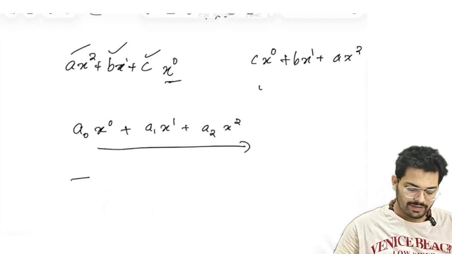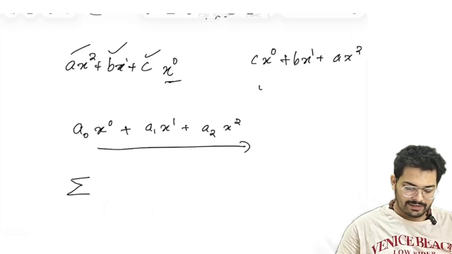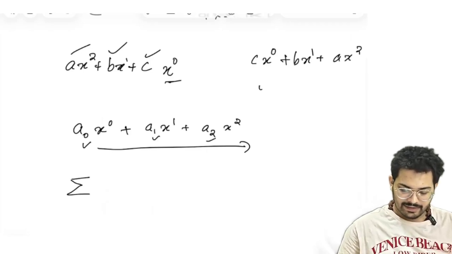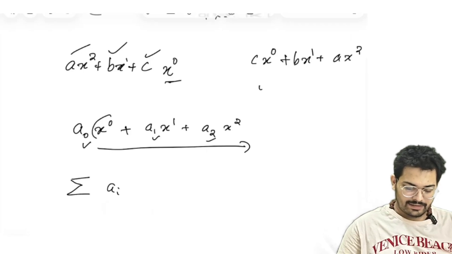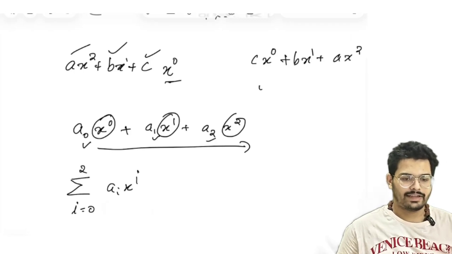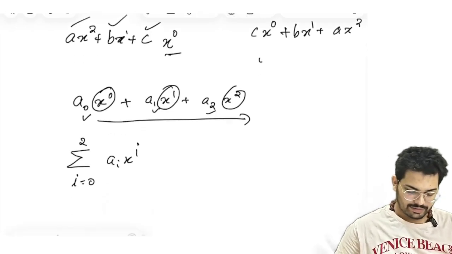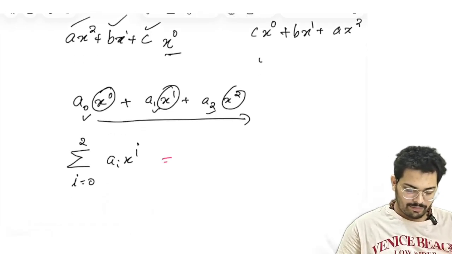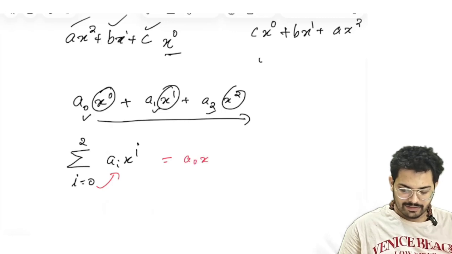Now, if I want to use sigma, then I can say each term is ai, that is a suffix i, x raised to i. See, x raised to i is varying from 0 to 2 here. That is, if you want to form a quadratic equation from this form, if you put i equal to 0, a0, x raised to 0.